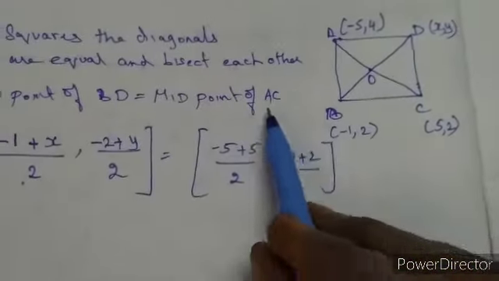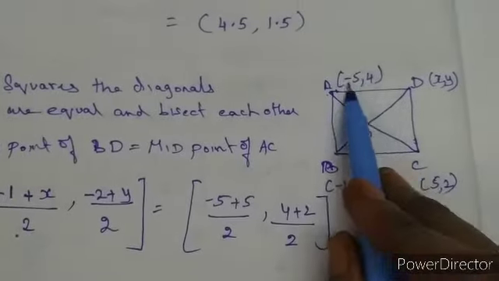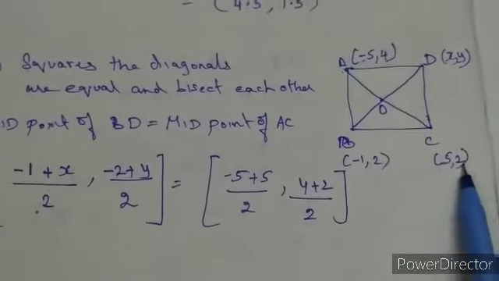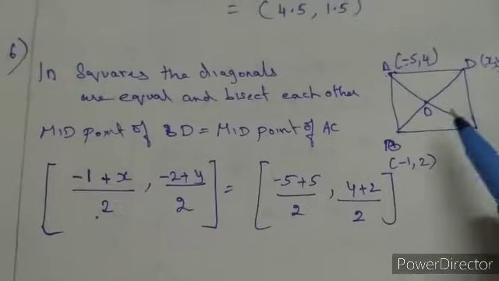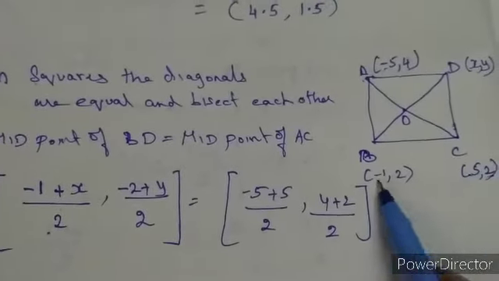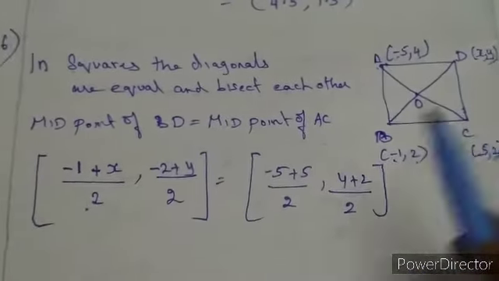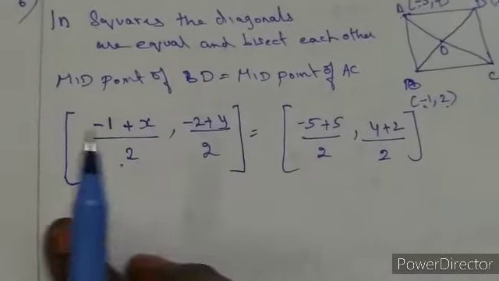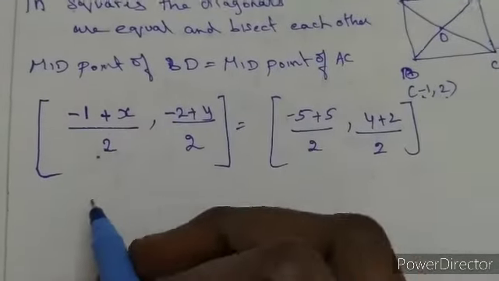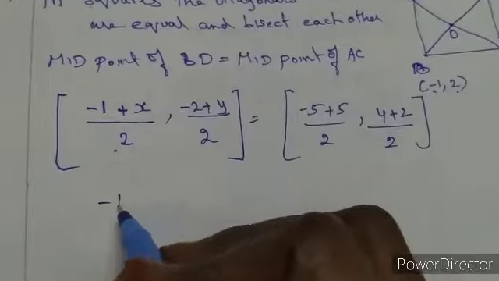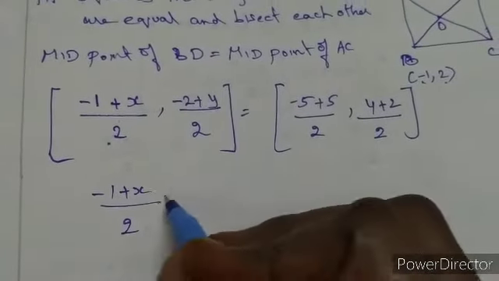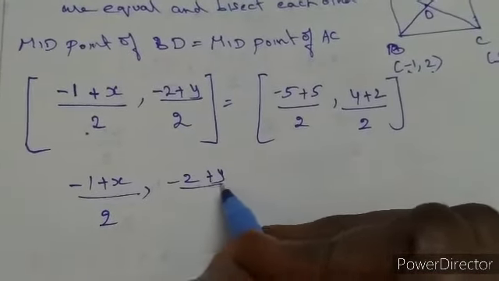That is AC, x1, y1, x2, y2, I am substituting here. Same for BD, x1, y1, x2, y2, I am substituting in the formula. Now (-1 + x)/2, (-2 + y)/2.